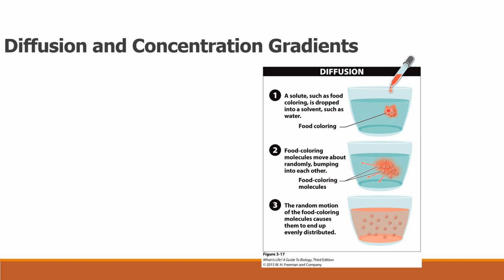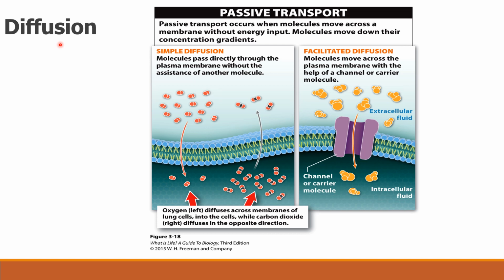You have a high concentration of dye right here, while on this side you have zero dye. So as long as you have a concentration gradient, the molecules are going to keep dispersing themselves until you have the molecules evenly distributed. Diffusion is a passive transport, meaning that no energy is required.